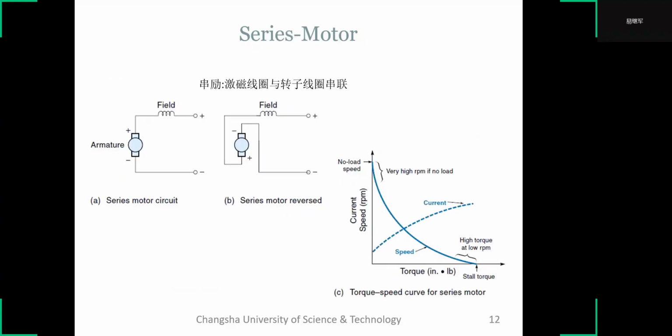This is a serial motor. In a serial motor, the armature and the field are connected serially.